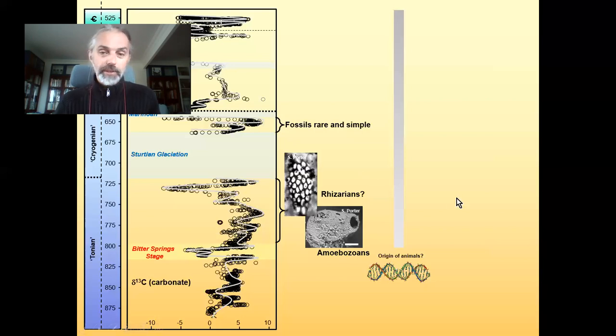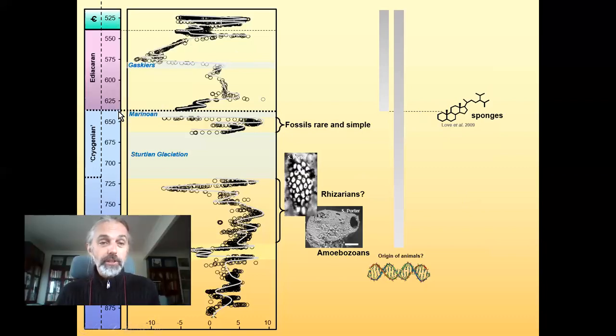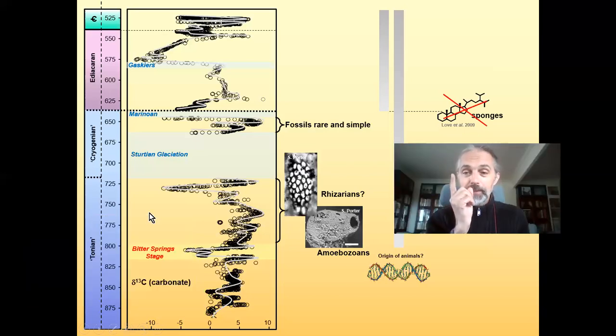What's the next piece of evidence? We have here biomarkers, molecules where people thought, wow, these things were only produced by sponges, giving evidence that sponges must have existed by 635 million years ago and even into the Cryogenian. Now we know that that is probably actually not true. These molecules seem to be produced within the sediment through chemical transformations of sterols produced by algae, not by animals.